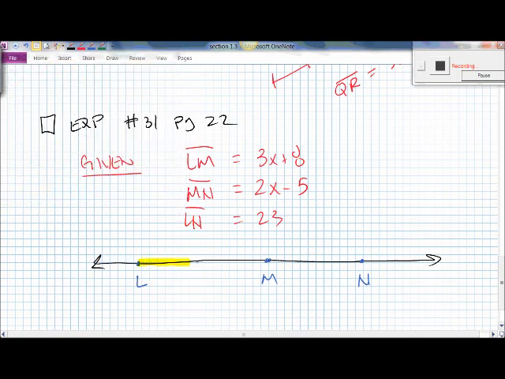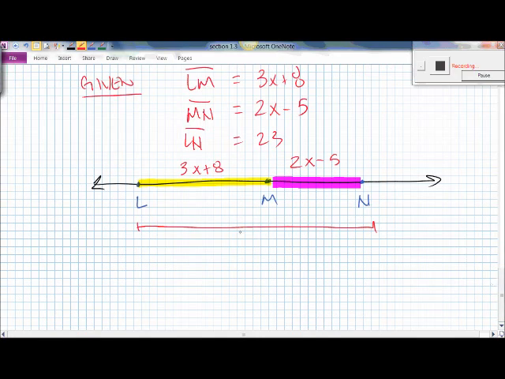All of this is how much? That's 3x plus 8, right? How much is all of this? Yeah, that's 2x minus 5, right? And how much is all of this? All of that is 23.